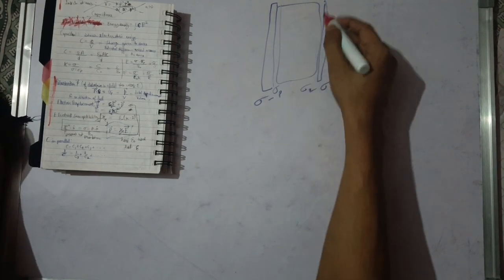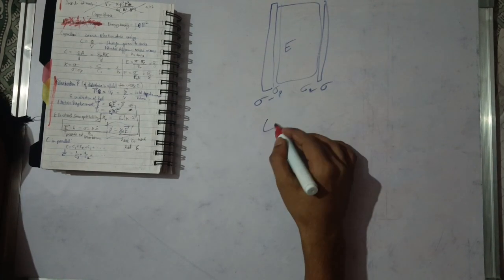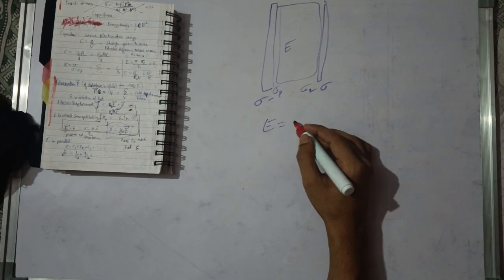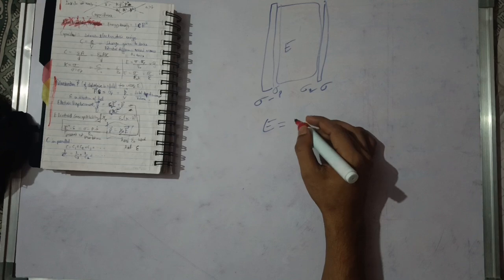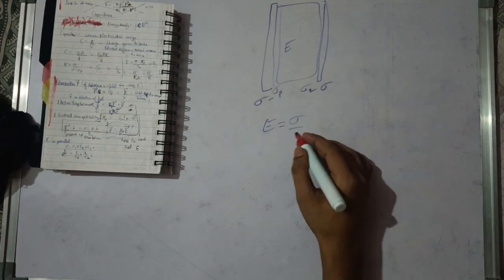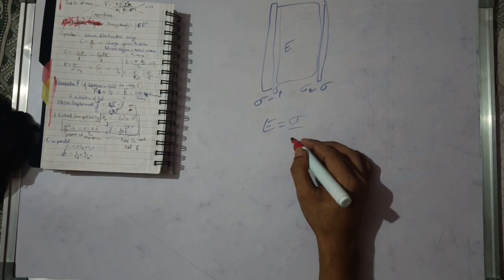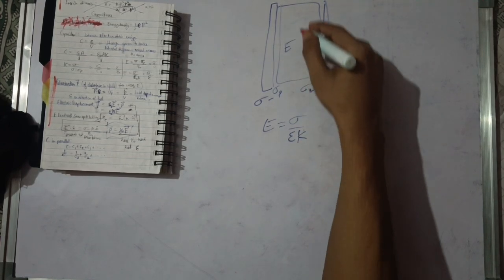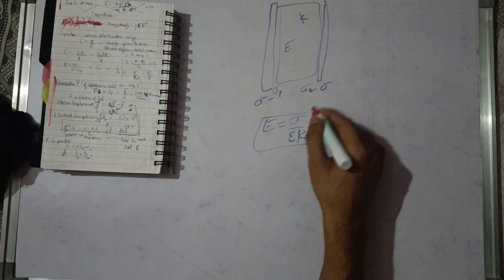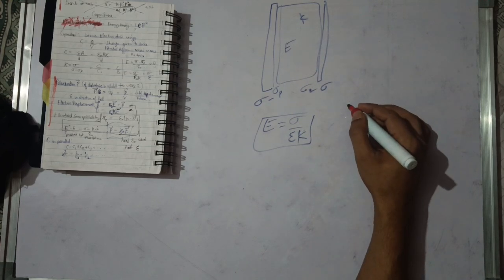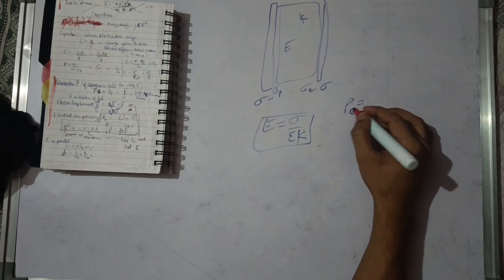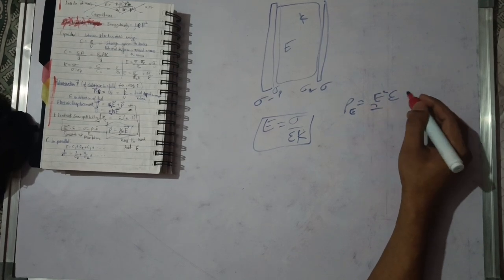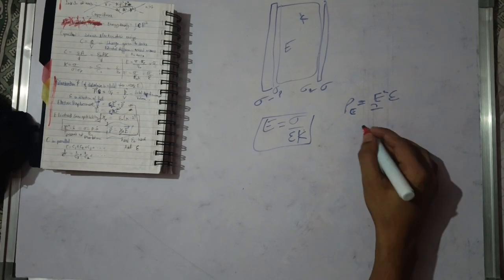Overall, this medium has electric field E, which is sigma upon epsilon K, where K is the dielectric constant of this medium. The energy density is 1 by 2 E square epsilon.